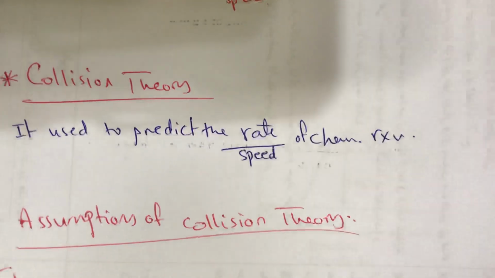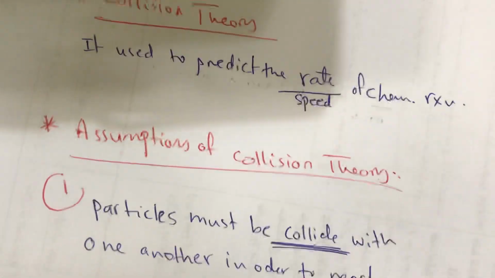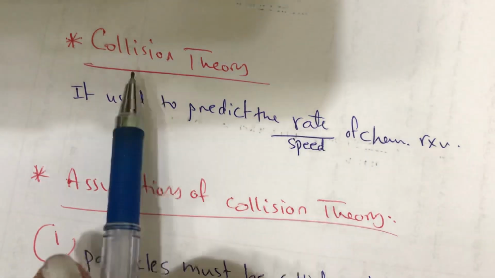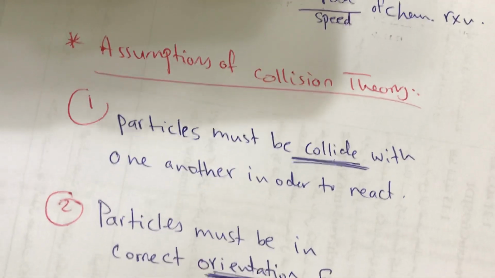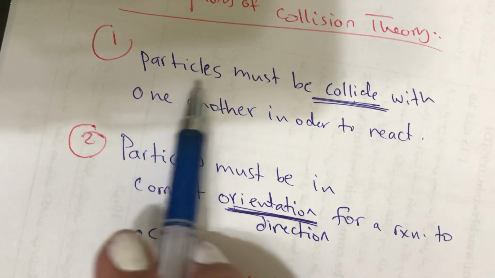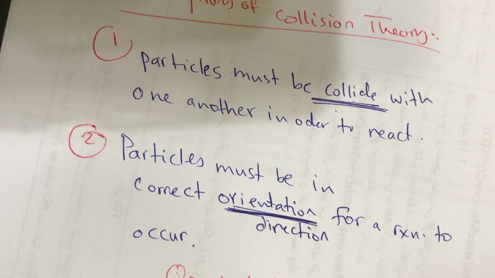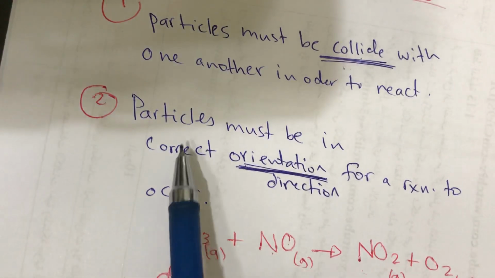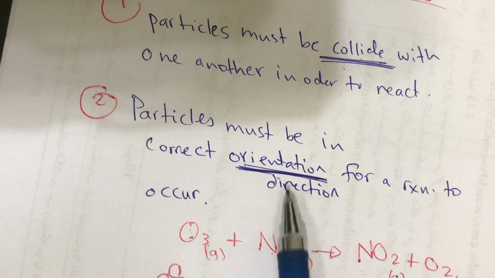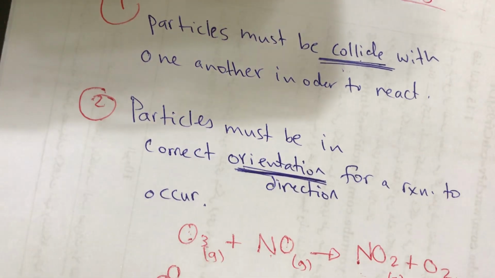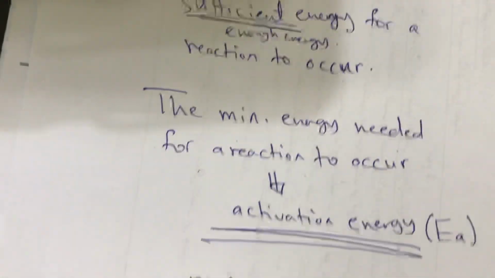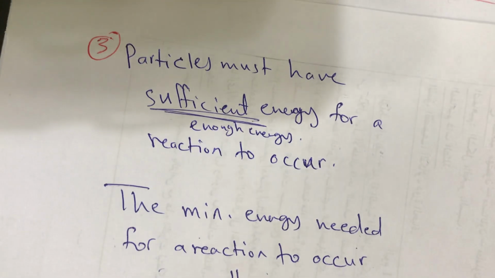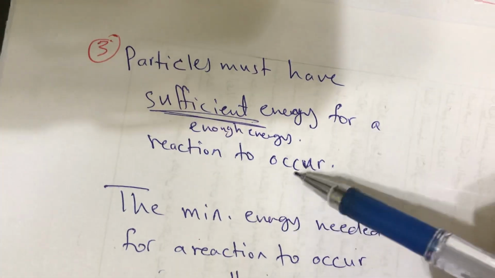A theory that talks about the rate of reactions is called collision theory. It has three assumptions. The first one, particles must collide with each other for a reaction to occur. Particles must be in correct orientation for a reaction to occur. And assumption number 3, particles must have enough energy for a reaction to occur.